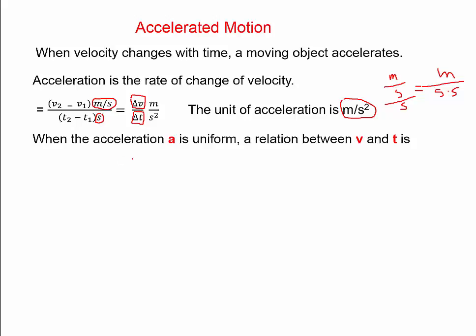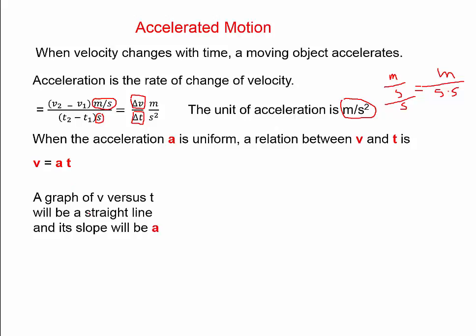Now, when acceleration a is uniform, a relation between v and t can be written as v equal to at. Now tell me, if I draw a graph of velocity on the y-axis and time on the x-axis, what kind of graph will you get? Well, it will be a straight line, and the slope of that graph will be a.